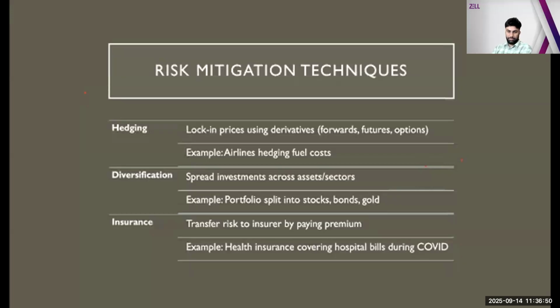Are we clear? What we did here is, as investors, we spread the money across different asset classes, and even if one of the asset classes is not performing, the others are complementing it.